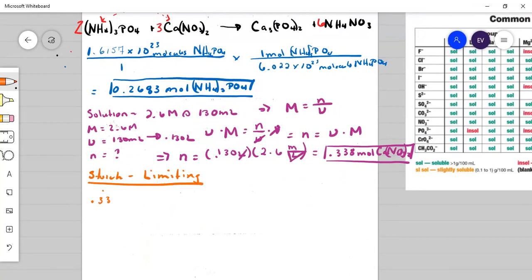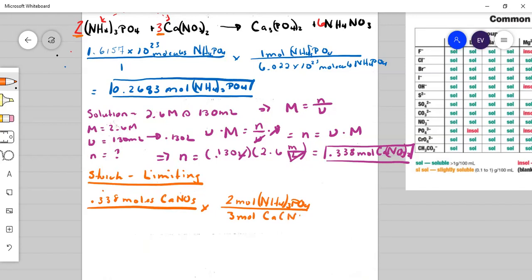So 0.338 moles of calcium nitrate. I'm going to multiply that by the mole ratio. The mole ratio is going to be the ratio of the two reactants. In this case, it's going to be 2 moles of ammonium phosphate over 3 moles of calcium nitrate. Now, remember, guys, that you have to set these up so that the same unit cancels out.